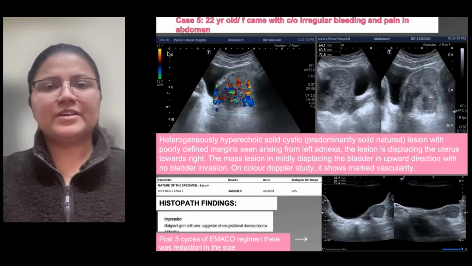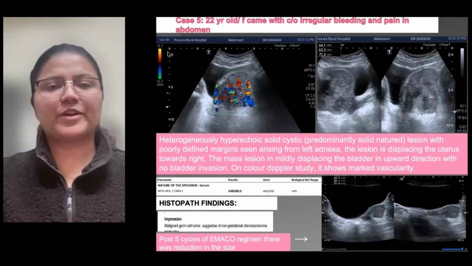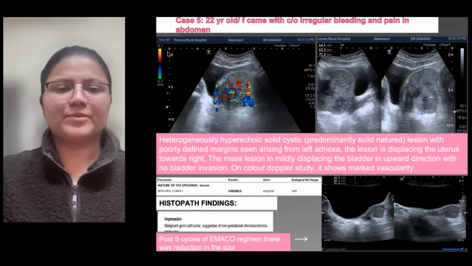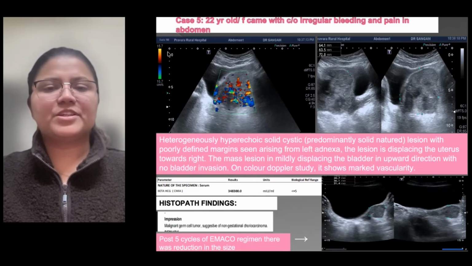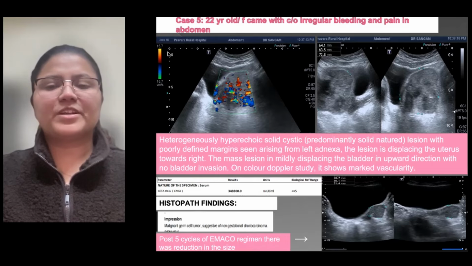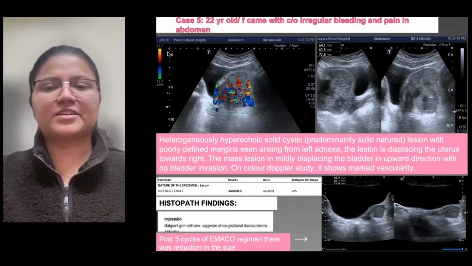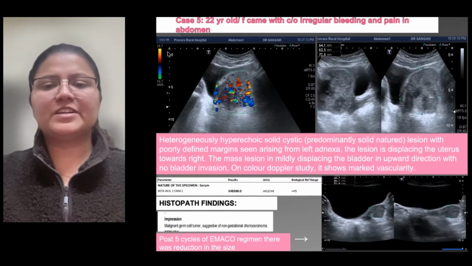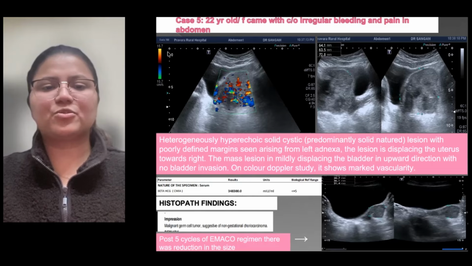Case 5 for today is a very interesting case of a 22-year-old female with chief complaint of irregular bleeding and pain in the abdomen. On the first image, we can see a heterogeneously hyperechoic solid cystic mass, a predominantly solid lesion with poorly defined margins arising from the left adnexa. The lesion is seen displacing the uterus towards the right. The mass lesion is mildly displacing the bladder in upward direction with no bladder invasion.